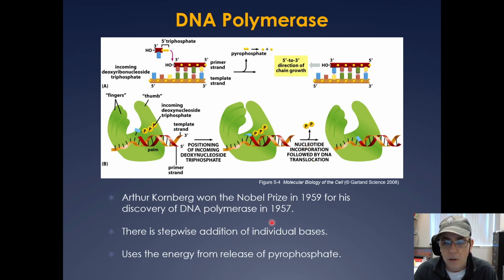And so ultimately what's going on here is that bases are being added to the DNA one at a time, okay? And the energy of the base addition actually comes from the release of the pyrophosphate.